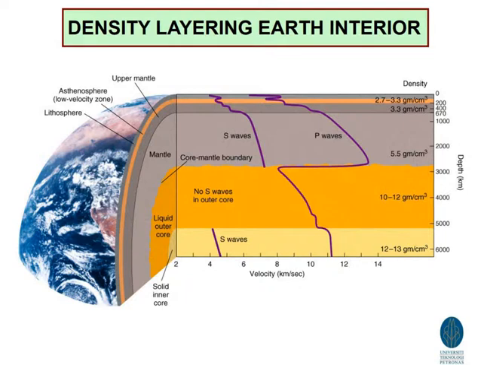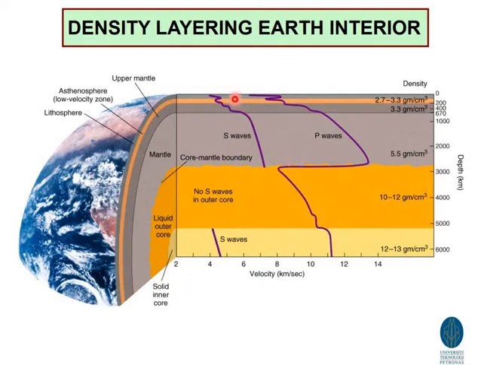The first 200 km is lithosphere, and the density is about 2.7 to 3.3 gram per cubic centimeter. The velocity of P wave and S wave generally increases in deeper depth.